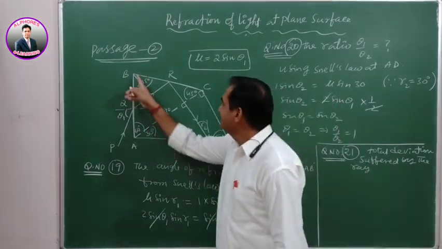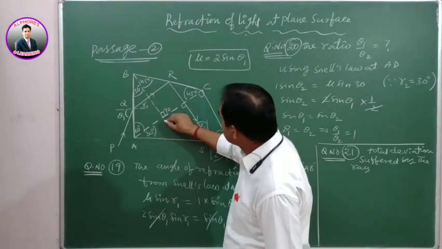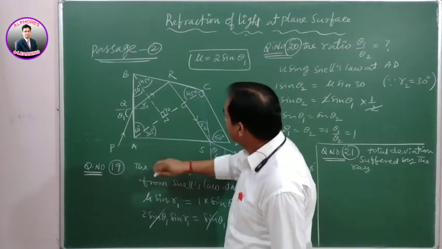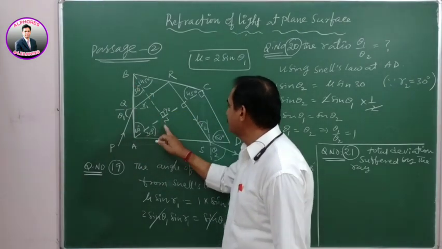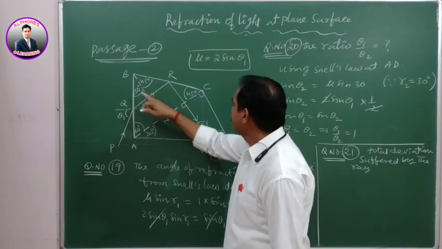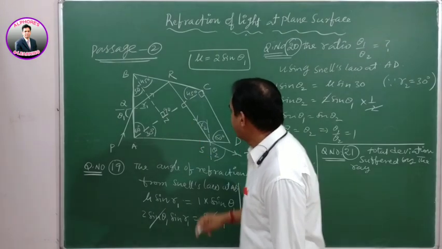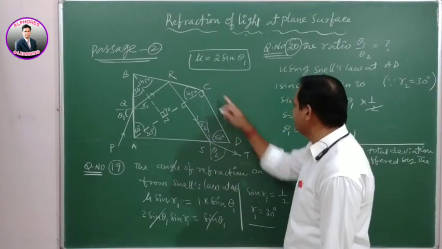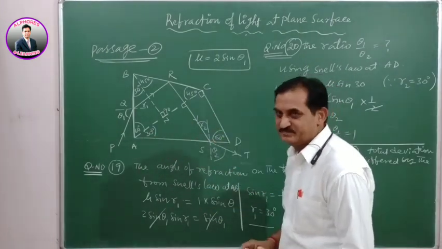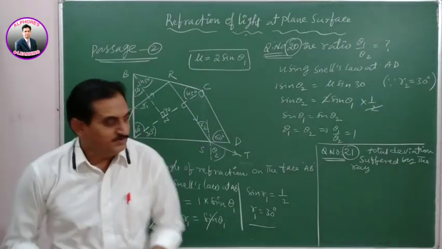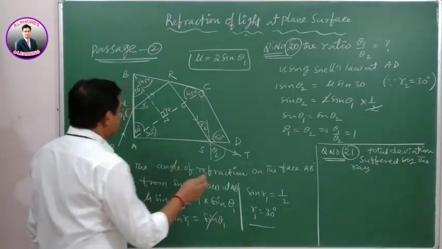We can see here, suppose this is A, N, B, one prism, and B, C, N, another prism, and next A, C, D is the third prism. Now here, 2 identical prisms.